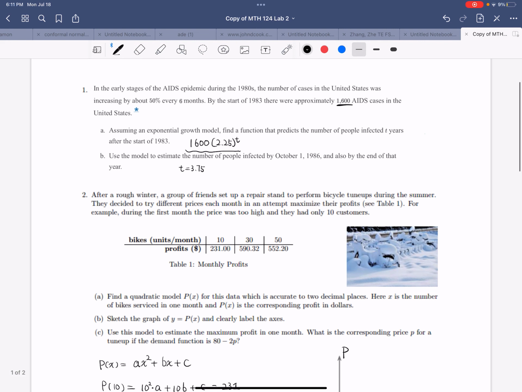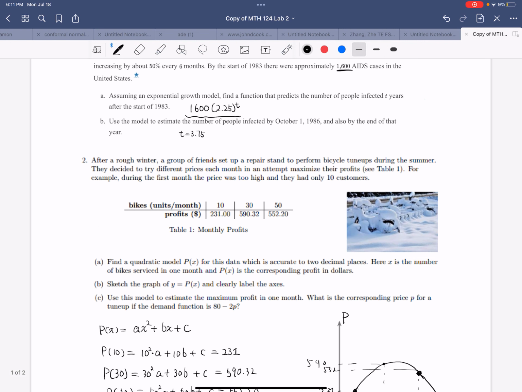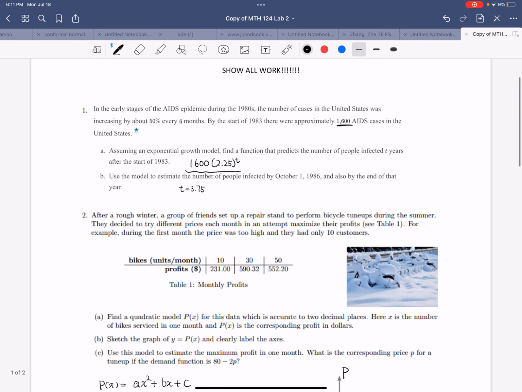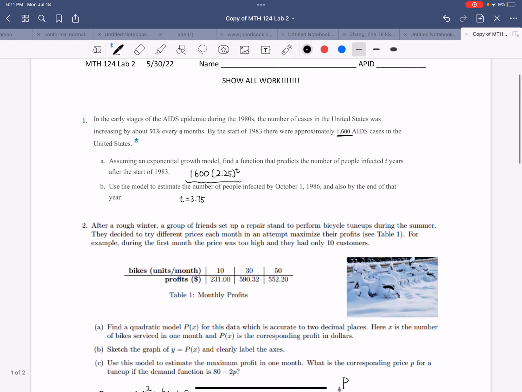And the second question is to use this model to estimate the number of people infected by October the 1st in 1986. From the start of 1983 to the beginning of 1986, 3 years have passed.